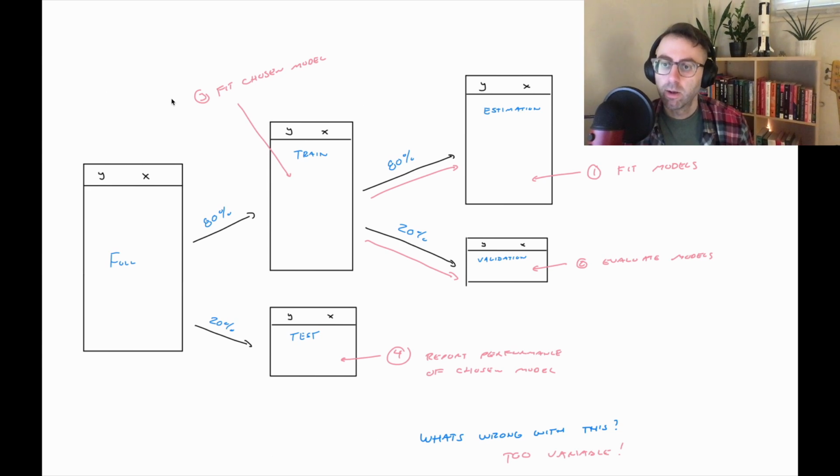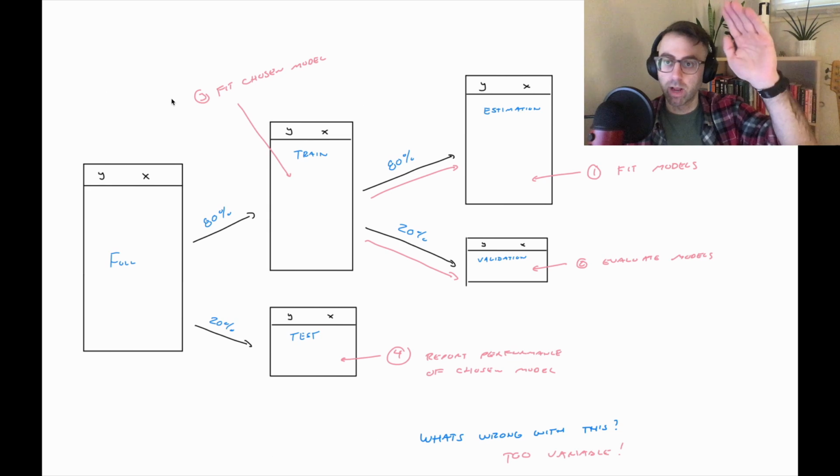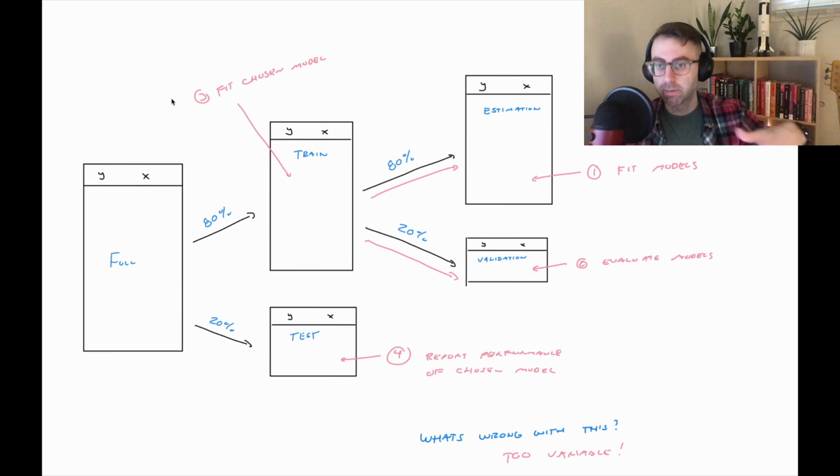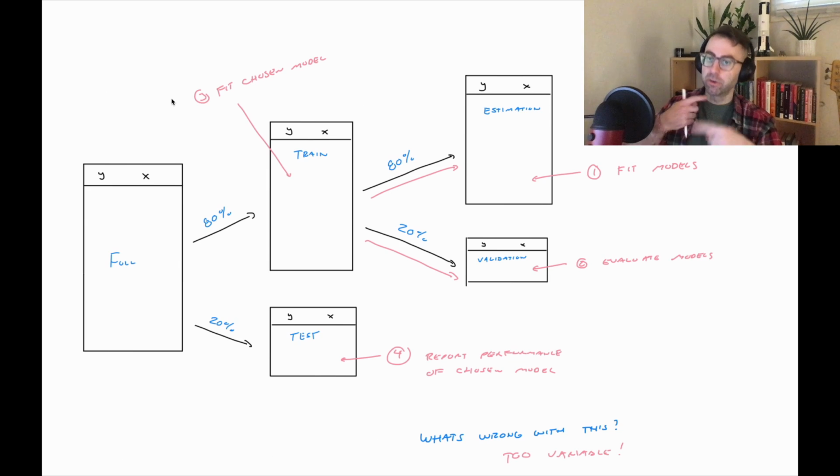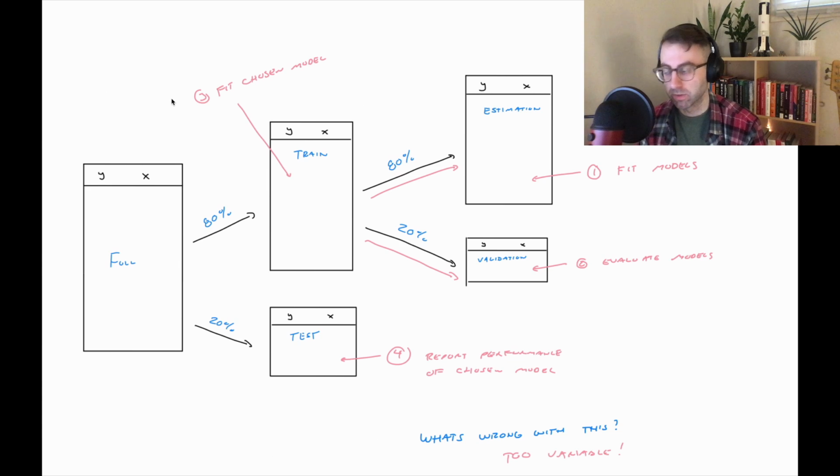Well, then just repeat that process a bunch of times. A new random split, fit your model, get the predictions, calculate the root mean squared error, and do it over and over again, and then average the results.